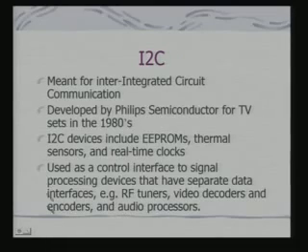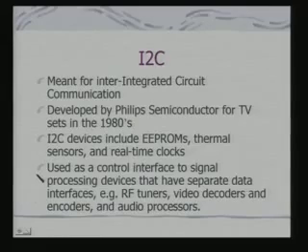Now, what does this mean? Let's consider a video decoder or an audio processor. It would transfer the data through a separate data bus, so they have separate data interfaces depending on the task. Now, these devices have to be controlled, and this control scheme is not always very simple and straightforward.